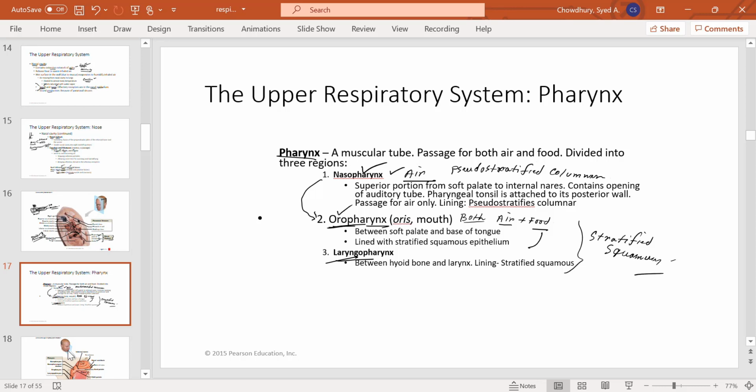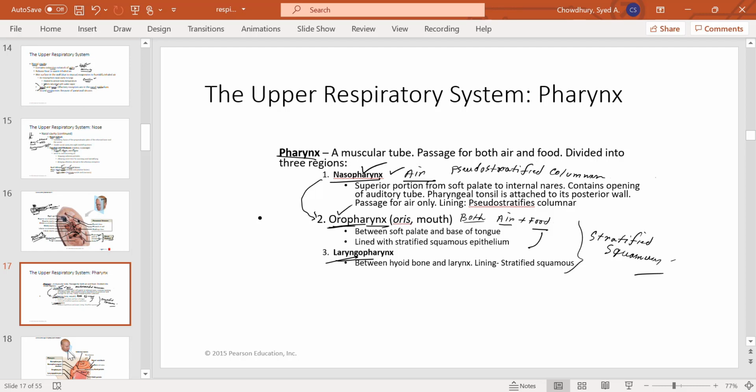Okay, now in the nasopharynx, a couple of structures you will see. One is the opening of the auditory tube that connects the nasopharynx to the middle ear to bring pressure equilibrium.